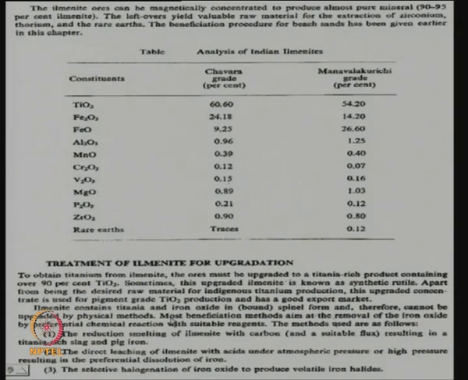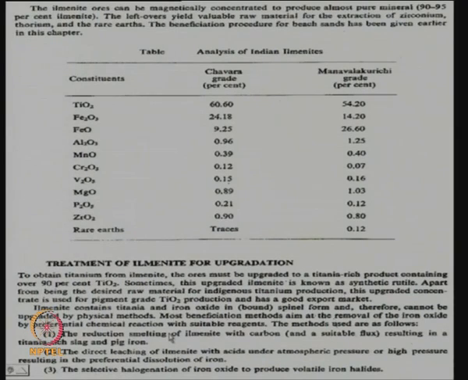Most beneficiation methods aim at removal of iron oxides by preferential chemical reaction with suitable reagents, as I mentioned. The methods used are as follows: the reduction smelting of ilmenite with carbon and a suitable flux, resulting in a titania rich slag and pig iron.